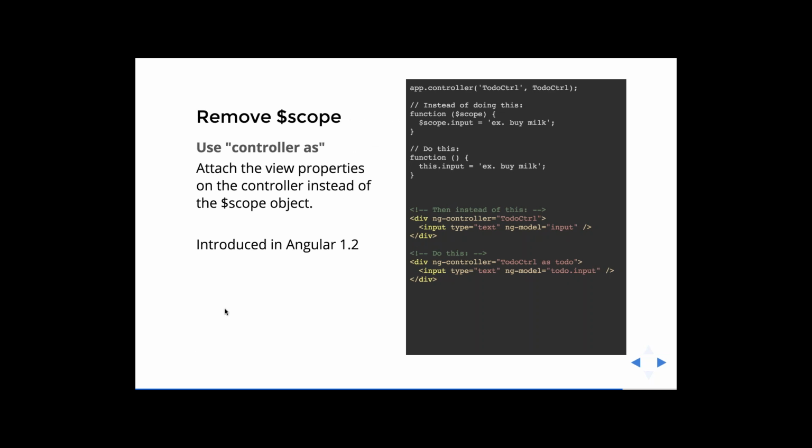How can we remove $scope? Well, you can use controller as. This was introduced in Angular 1.2. And here is how it's set up. This can also be set up in the ngRouter, on the UI router, on the new router. And as soon as we do controller as, then we access through this, and this points to the scope.